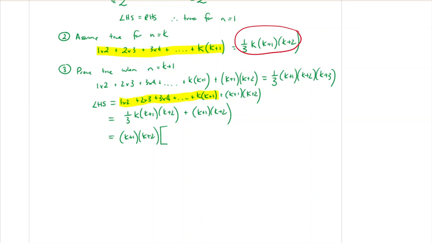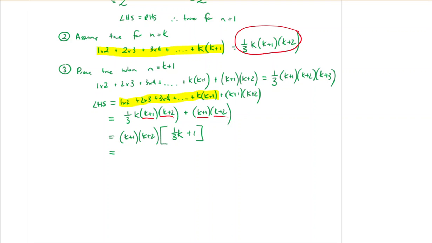So from that first term, if I've taken the k plus 1 and the k plus 2, I'm taking those out the front, that leaves me with the 1/3 k that needs to go in that bracket, correct? From the second term, I have taken the k plus 1 and the k plus 2, so what's still there with that? Just a 1, so we go plus 1, close bracket.